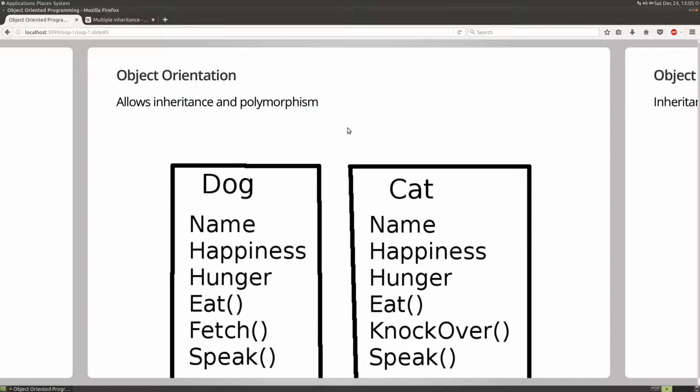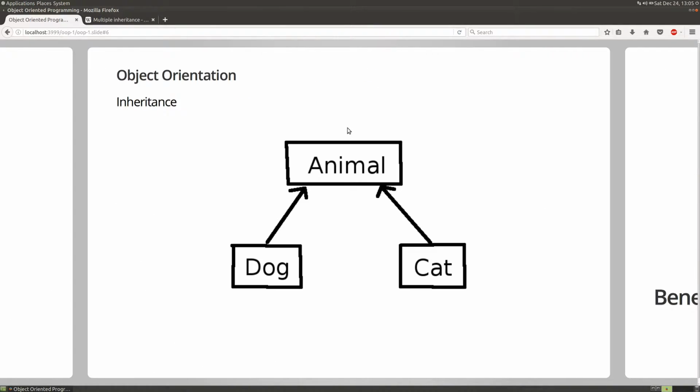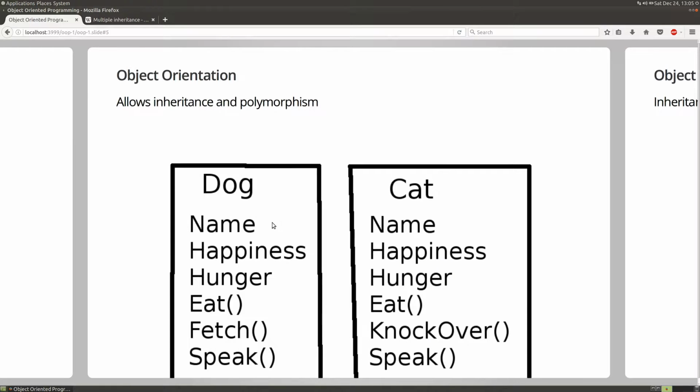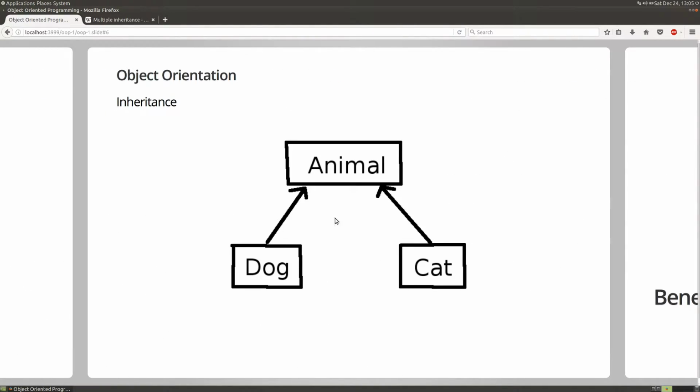Inheritance is where we can create a hierarchy of classes. So we can take a look at that. If we create a class called animal, which has many of these things like name, happiness, and hunger, and eat and speak, then we can just create dog and cat classes and not have to write the same code over and over again.